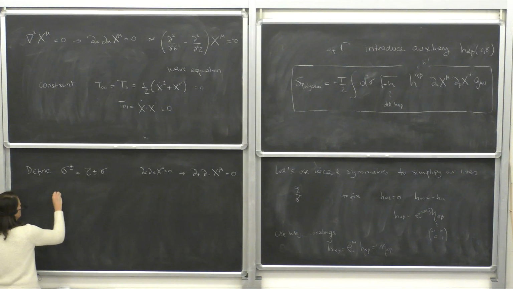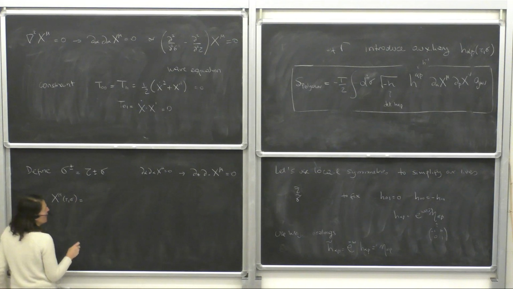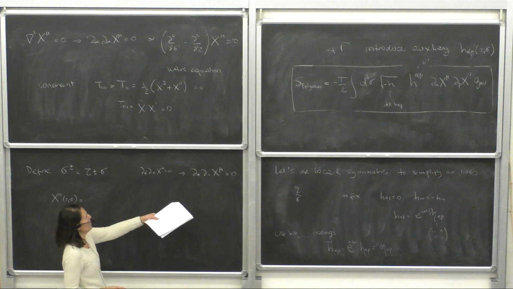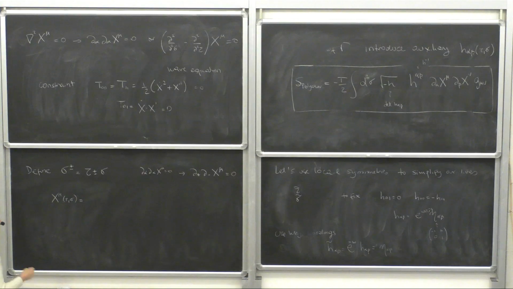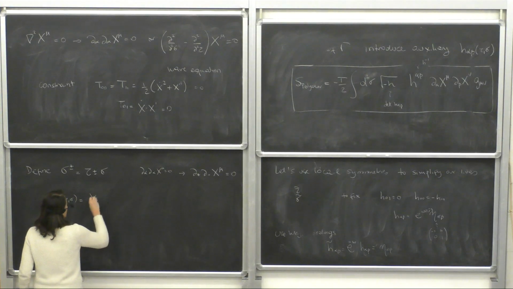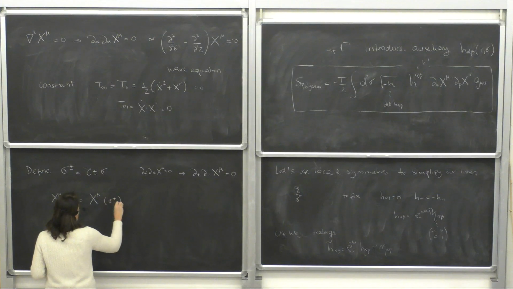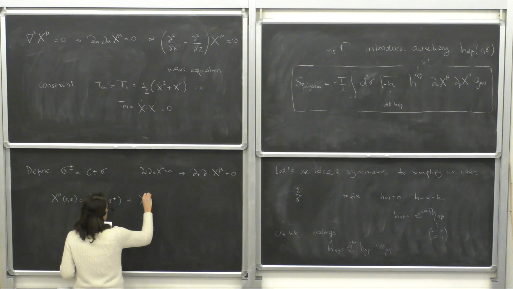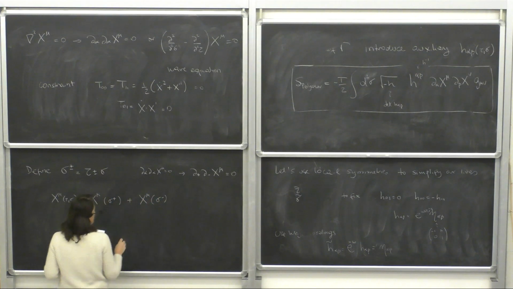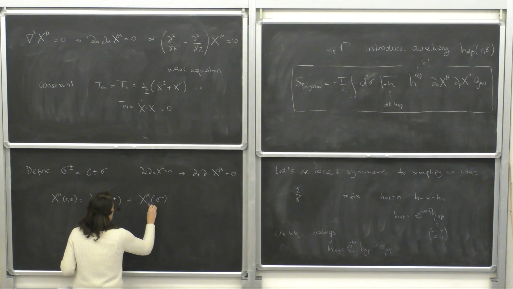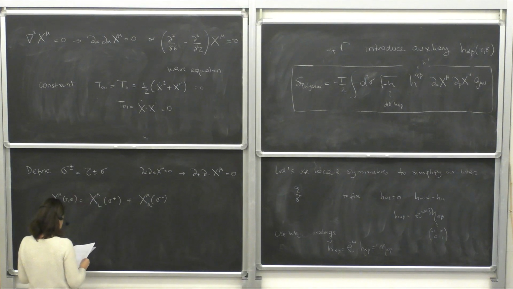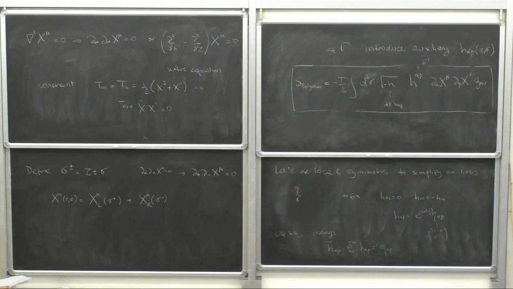So x mu splits into a function that depends only on sigma minus and a function that depends only on sigma plus. So x mu that depends on sigma plus and x mu that depends on sigma minus, one are left moving waves and the other are right moving waves.